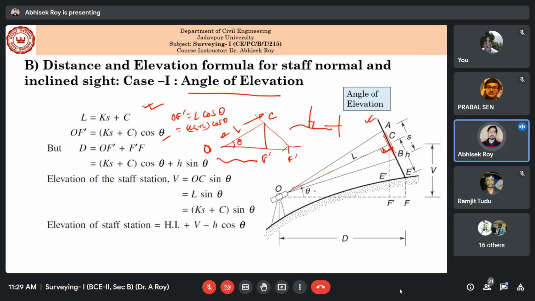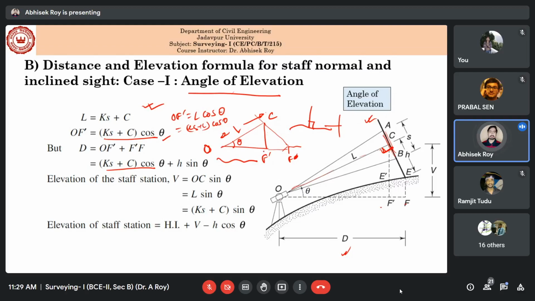Now your actual horizontal distance, that is D, will be equal to OF dashed plus F dashed F. So how much will that be? In place of OF dashed we can write Ks plus C cos theta, and in place of F dashed F you have to calculate.